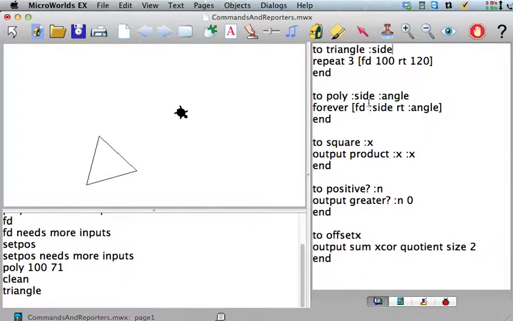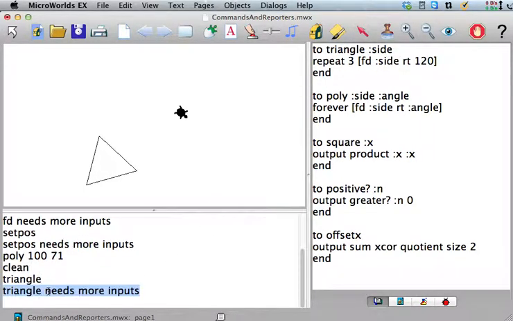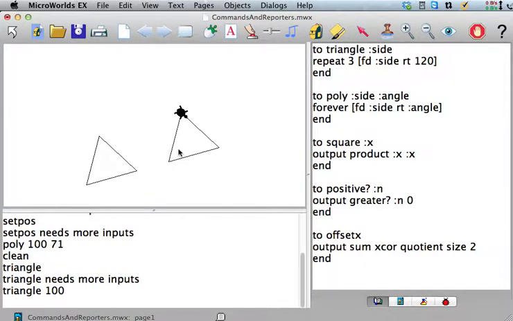So I could say side here, and instead of 100, I could say side here. And now when I say triangle, it says triangle needs more inputs, because I'm saying I want an input here. I want you to write something for side. So now if I say triangle 100, it draws that size of a triangle.